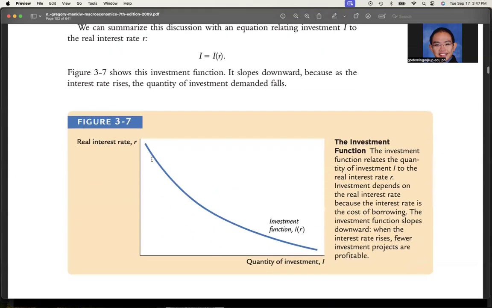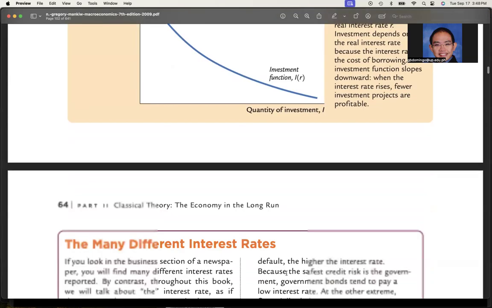And as you can see, if this is the real interest rate on the y-axis, investment falls as the real interest rate goes up, right? So investment goes down, moves to the left, if the real interest rate goes up. And likewise, if the real interest rate falls, then the quantity of investment goes up.